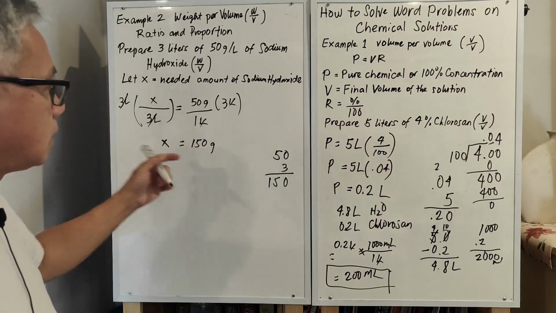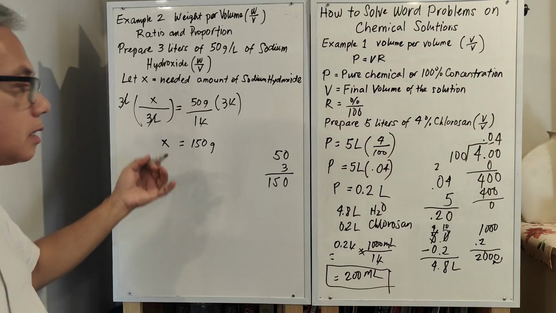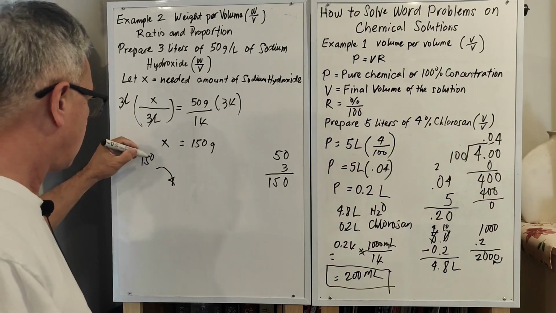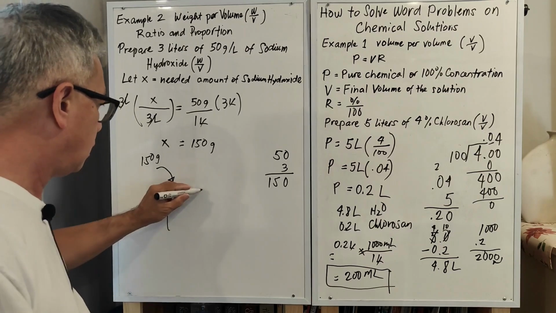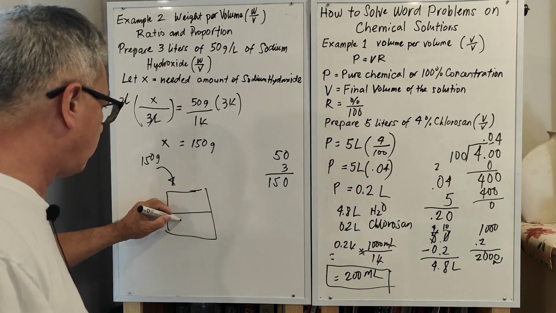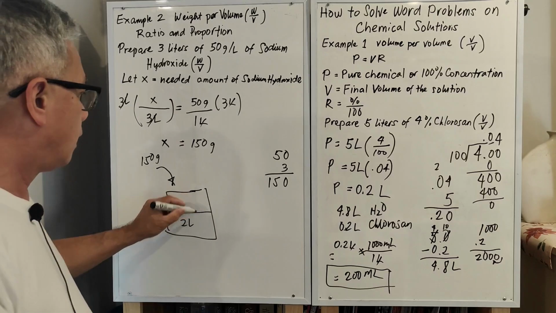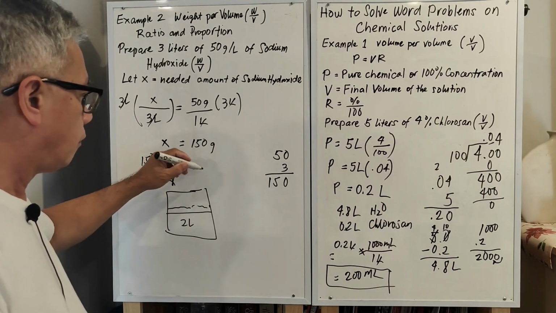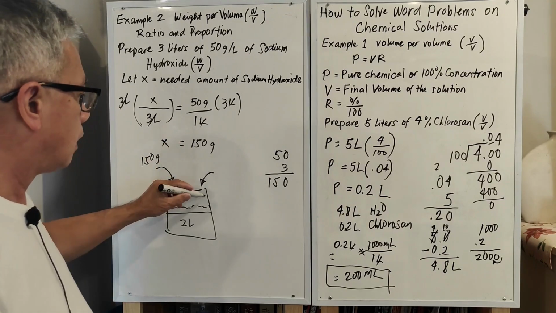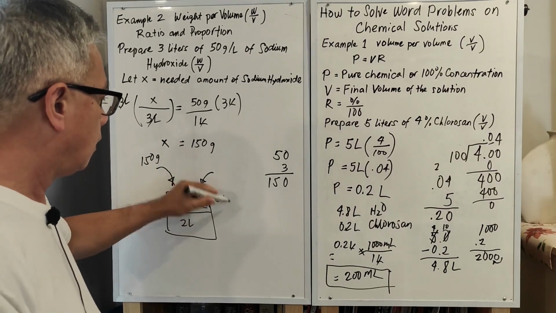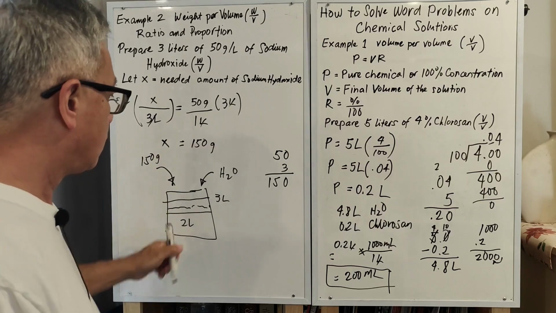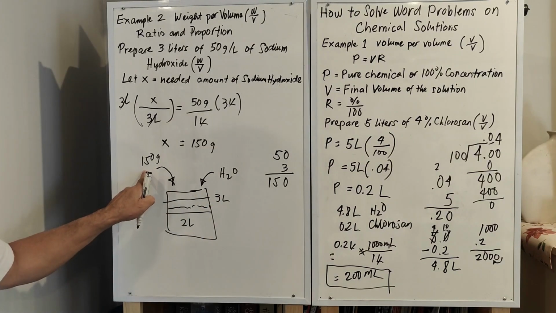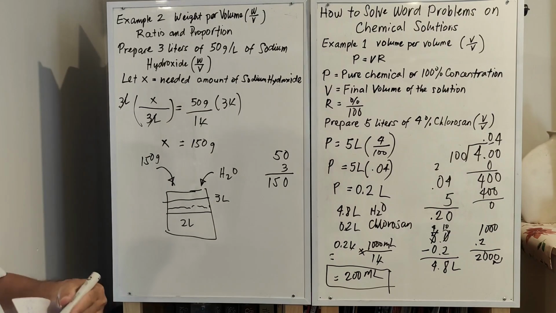So what we do is prepare less than 3 liters, like 2 liters, and put 150 grams into the 2 liters of liquid, and then it will become a bit higher, and then you fill up the rest up to 3 liters with water, so you will have a final volume of 3 liters with 150 grams of sodium hydroxide.